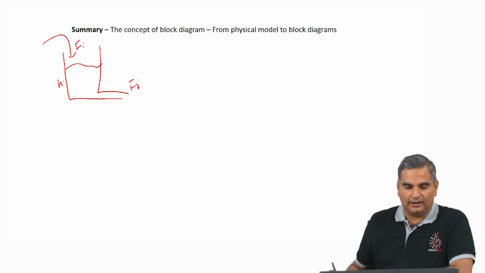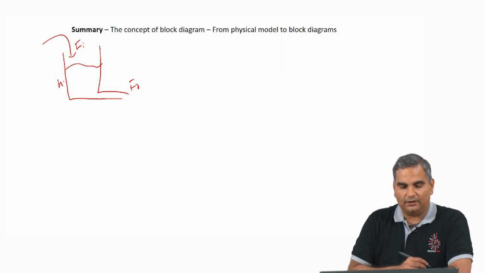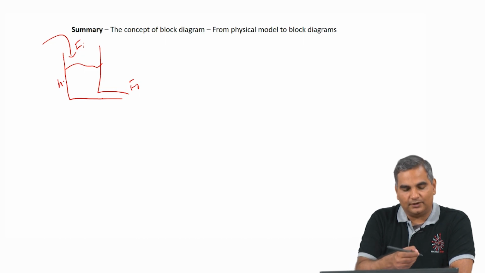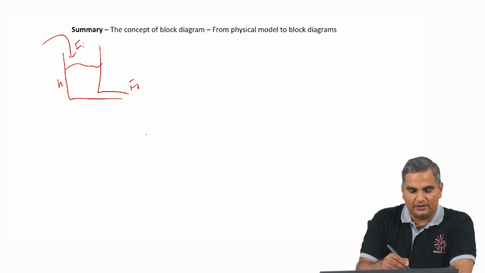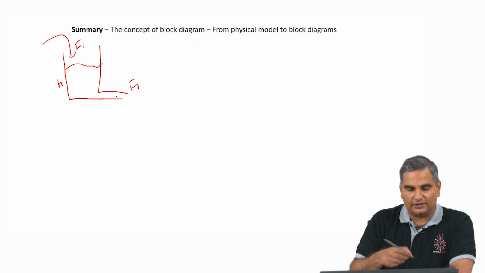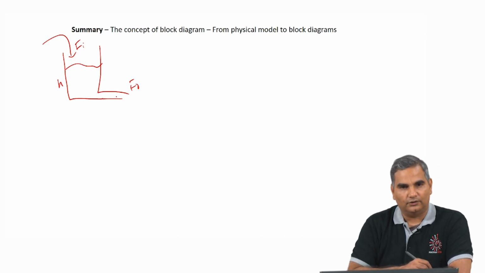And then we saw that basically physical model of this should allow us to understand how, when things change, either when f naught changes or fi changes, how height changes and so on. So, the idea of the model itself is to be able to explain what is happening here.